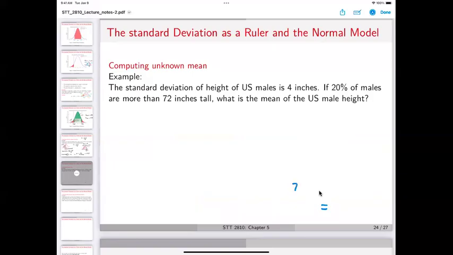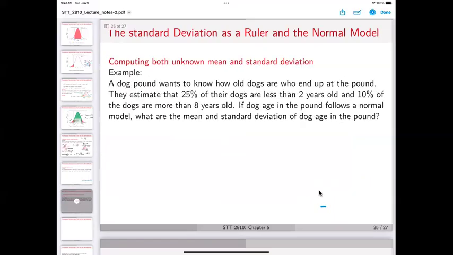So we had 72 minus 3.336. What would you get? 68.63. Is that clear? Okay. Now I want you to try this problem.